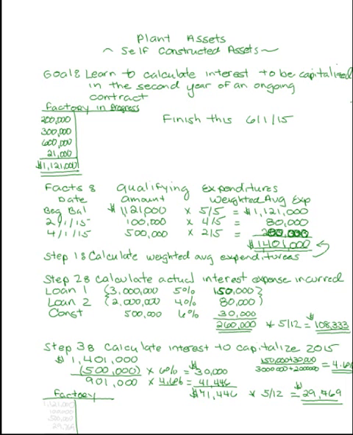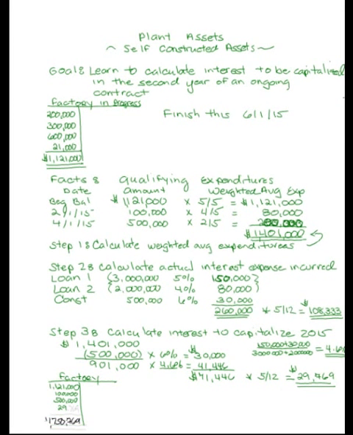Well, let's start with the amount we had from 2014, 1,121,000, and add in the amounts we added for 2015, which was 100,000, and 500,000 of material, labor, and overhead, and then we came along and capitalized $29,769. So what is the cost of our finished building?